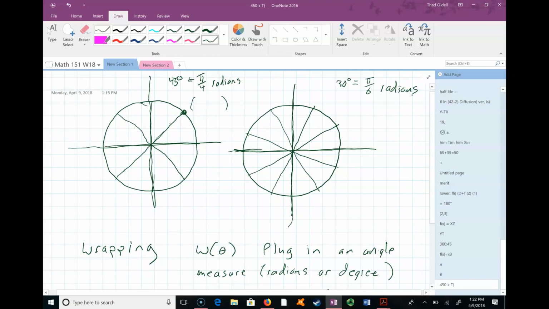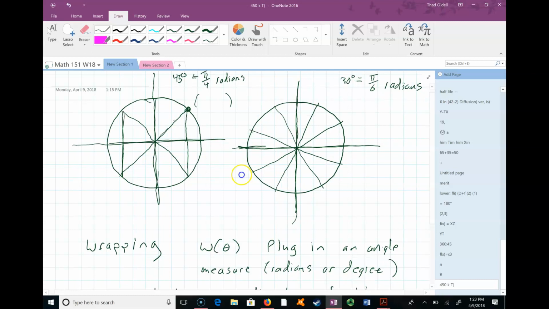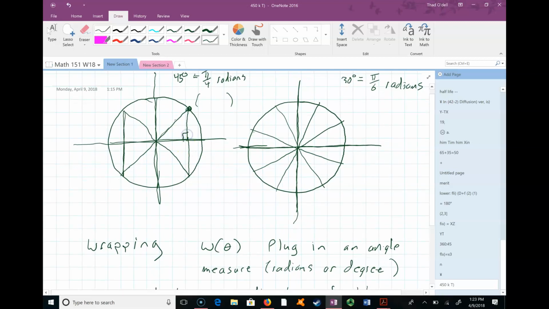And then the next thing that's really important is we notice that there are some triangles in here. If I drop a vertical line from the intersection of the terminal side of the angle to the x-axis, we form a bunch of right triangles. So here's a right triangle.